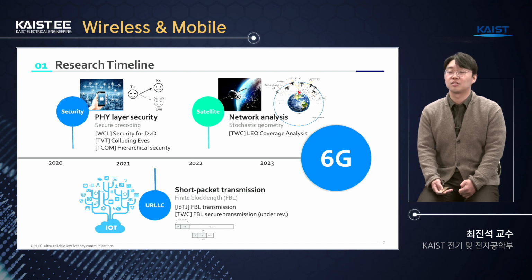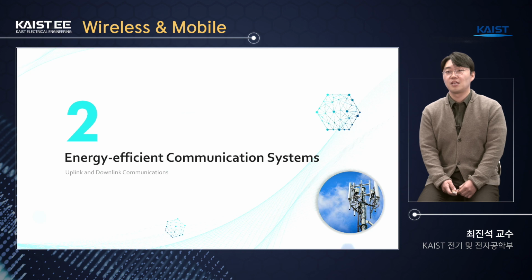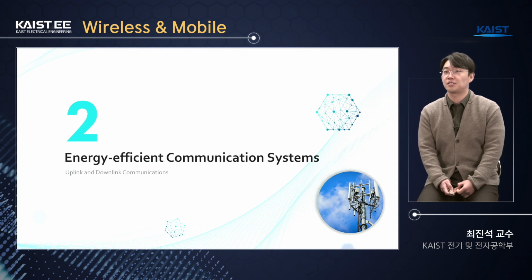So I'm still working very hard to enable 6G communications from the physical layer perspective. In this talk, let me introduce my key research achievement in energy efficient communication systems, especially for the uplink and downlink communications.